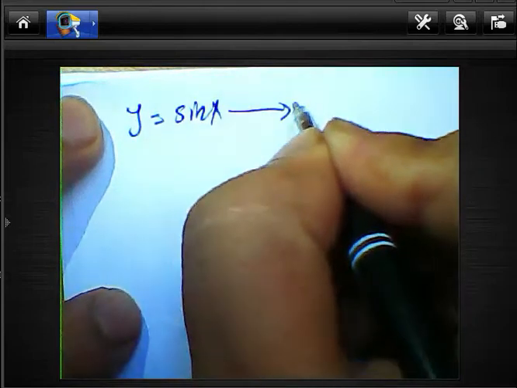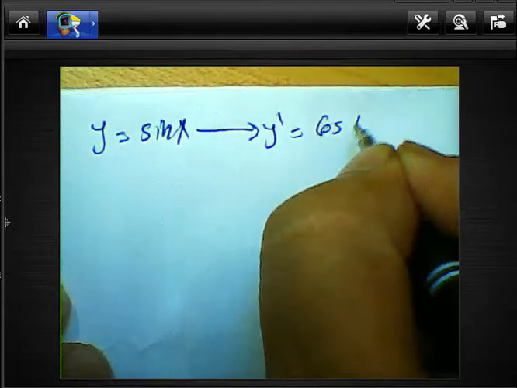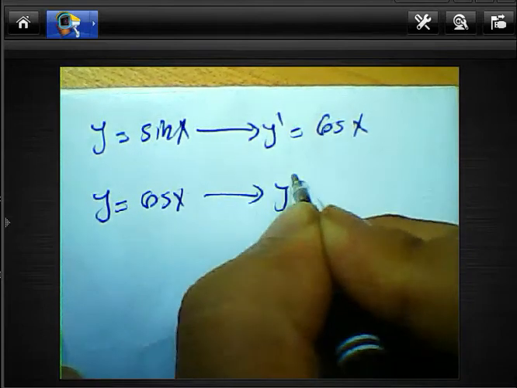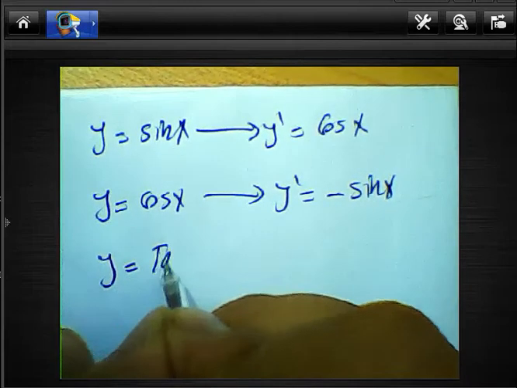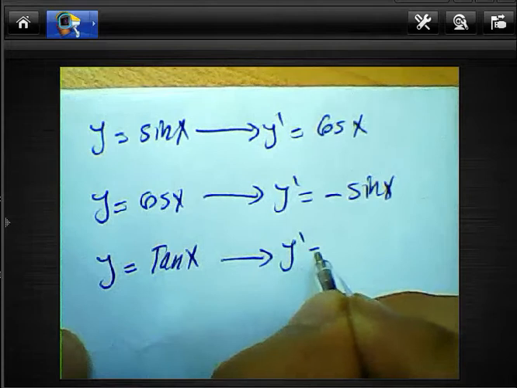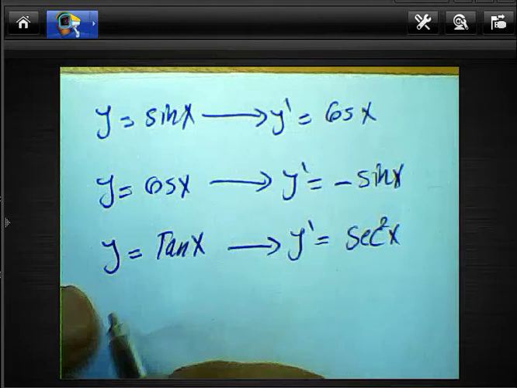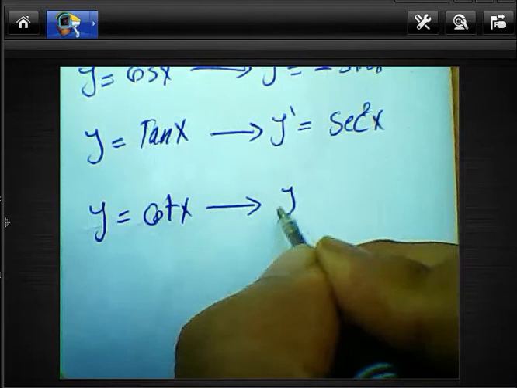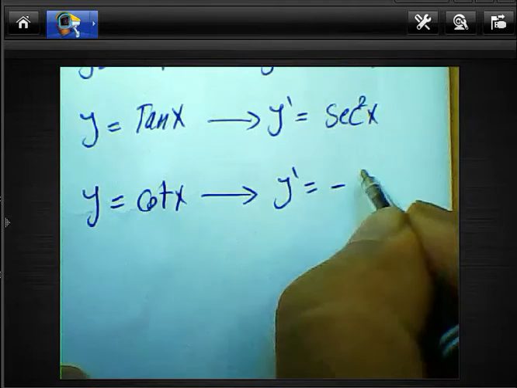If we have y equals sine x, then the derivative of this function will be cosine x. y equals cosine x, the derivative will be negative sine x. If y equals tan x, then the derivative of tan will be sec squared x. If y equals cotan x, then y dash equals negative cosec squared x.